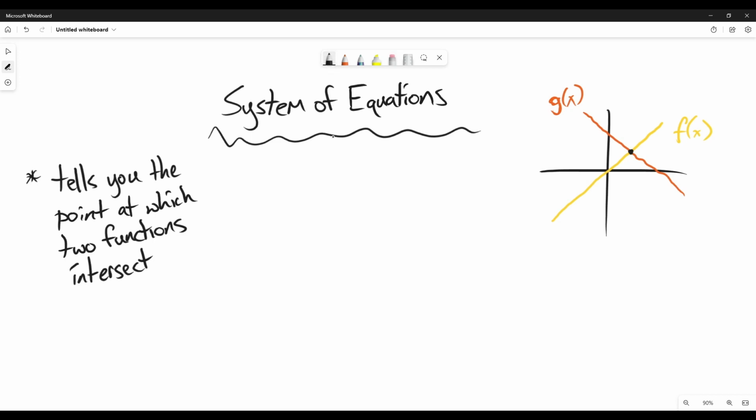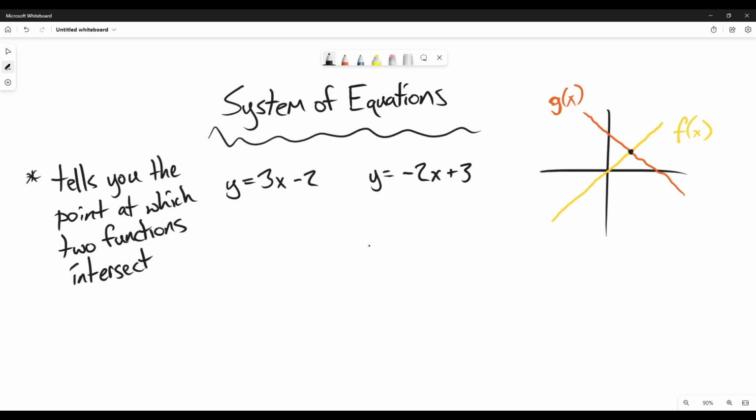To that answer, there are a lot of different ways. The first way to find the point is to use cancellation. Say we have the function y equals 3x minus 2, and we also have y equals negative 2x plus 3.